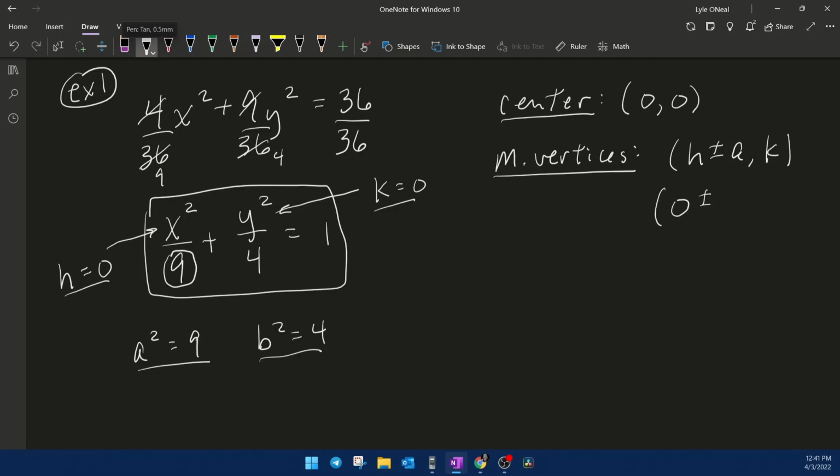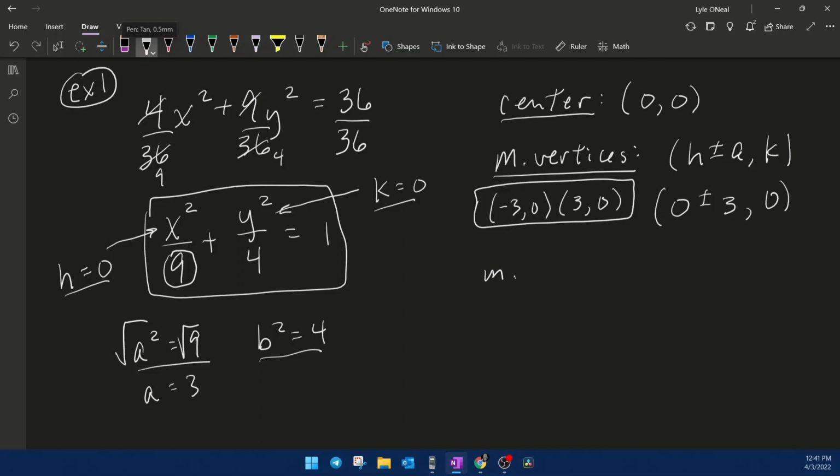H is 0. Now a, we would need to take the square root of both sides to find a to be 3. So that's going to be 3 comma k, which is 0. And then that gives me major vertices of negative 3 comma 0 and 3 comma 0.